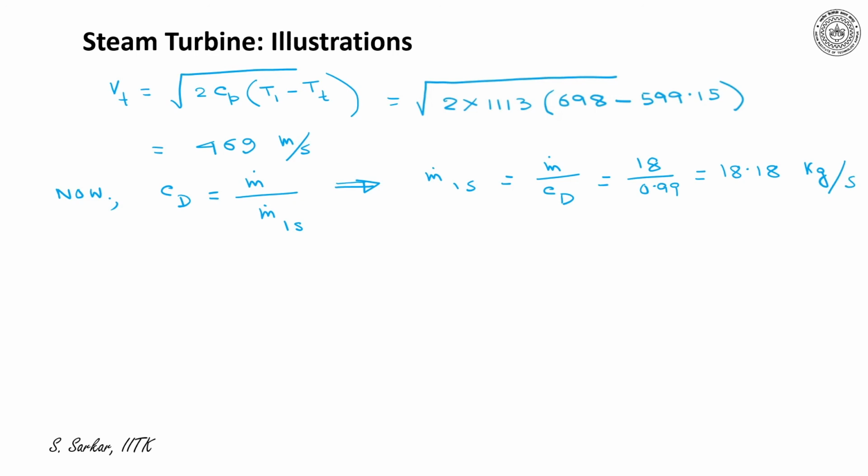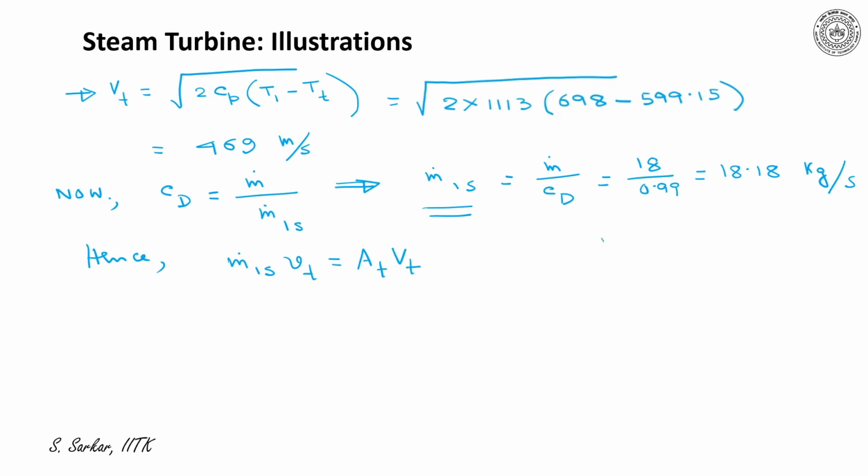Please note that I'll have to evaluate m dot isentropic to correlate with Vt, because within the convergent nozzle I am considering the flow becomes isentropic. So hence I can write from continuity, m dot is into specific volume at the throat is equal to area of the throat, At, into Vt.